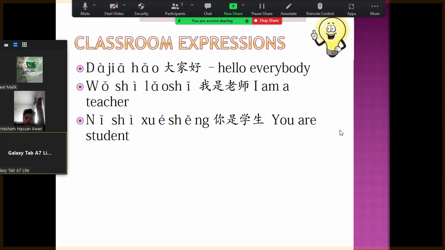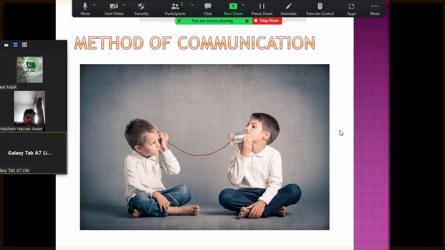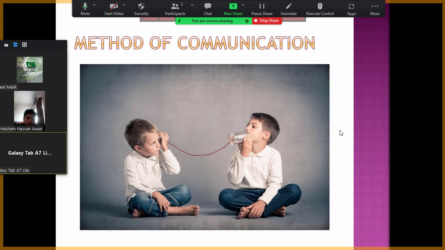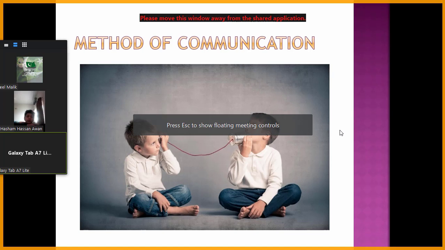Okay. Now let's go to a little bit of the history of Chinese, so you can understand how and why it is one of the most difficult languages of the world and what the background is. Because as we are learning it, we should know the background, right?